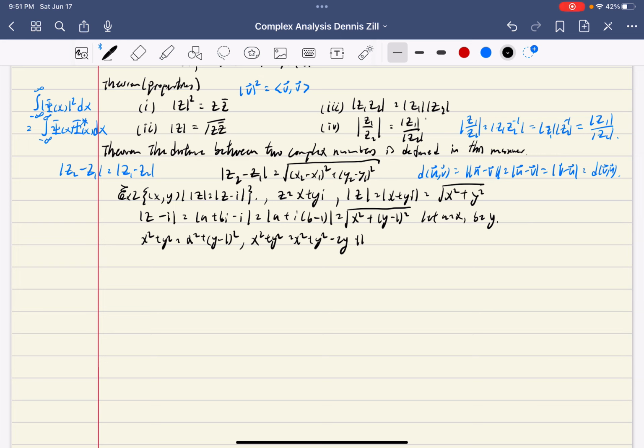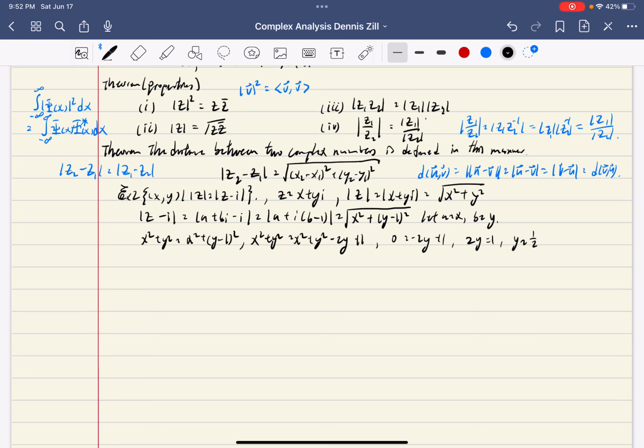Well, very well. If you subtract x squared and y squared from both sides, 0 equals negative 2y plus 1, oh sorry, 2y equals 1, y is equal to 1/2.